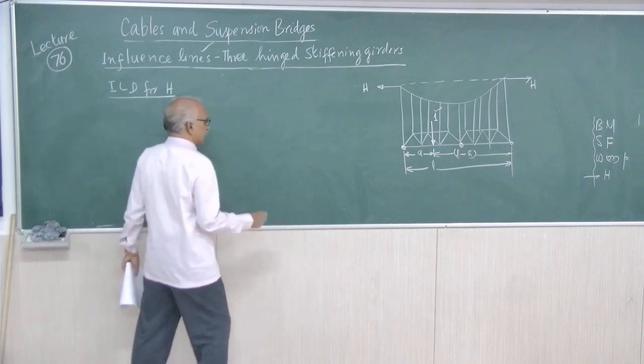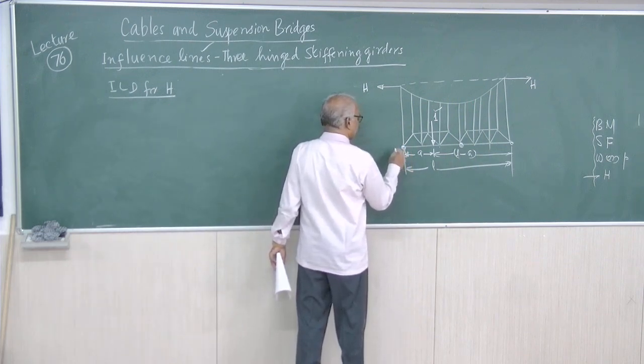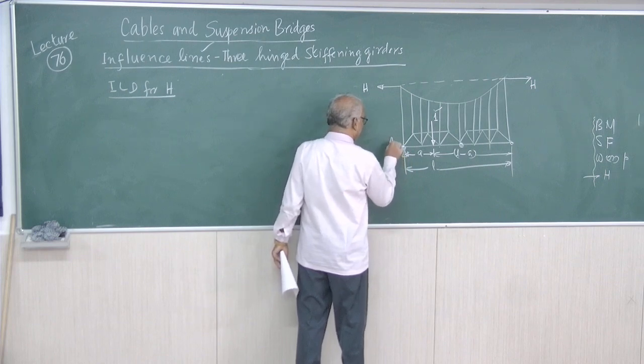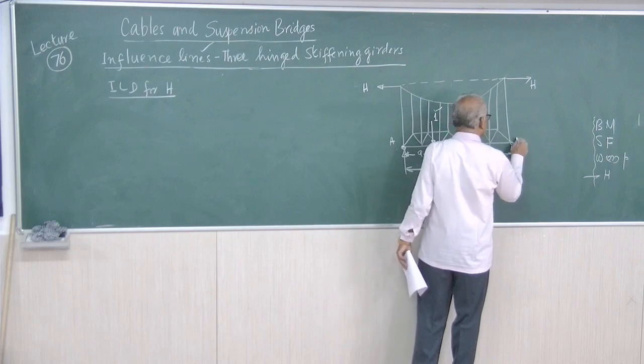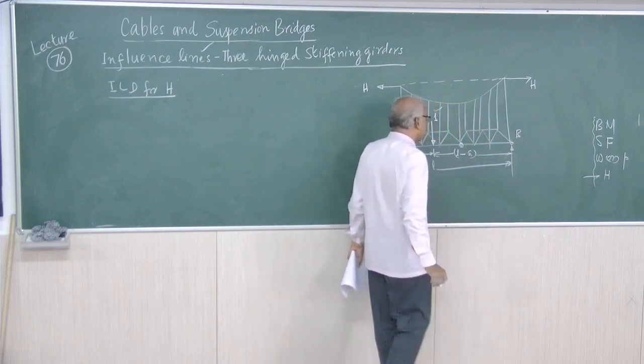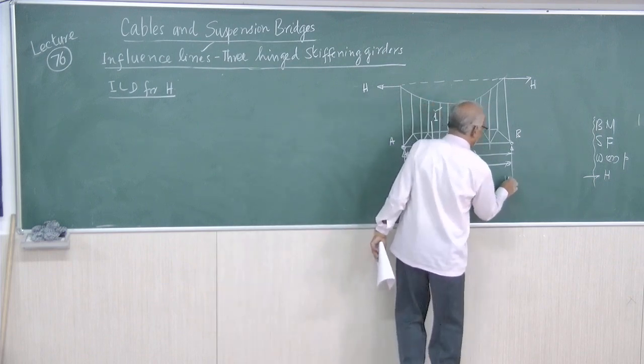Now, let us call this support A. Earlier we called this E and this F. We will call this AB just for discussion. So, this is VA, this is VB.